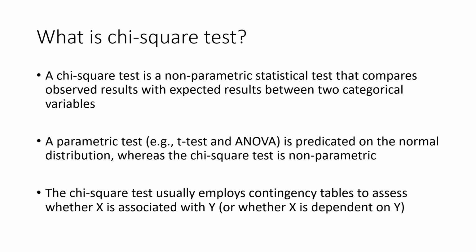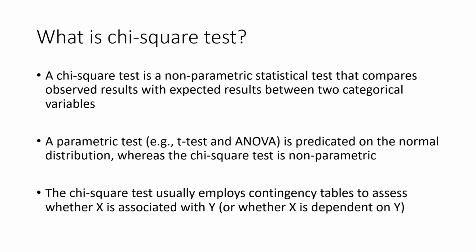And the reason is that when we make that generalization, that quantum leap from the sample to the population, we do that based on our knowledge of the geography of the normal distribution. Now, the chi-square test is not predicated on normality. That's why it is called a non-parametric test.